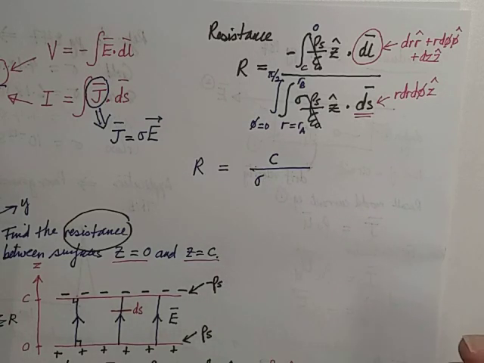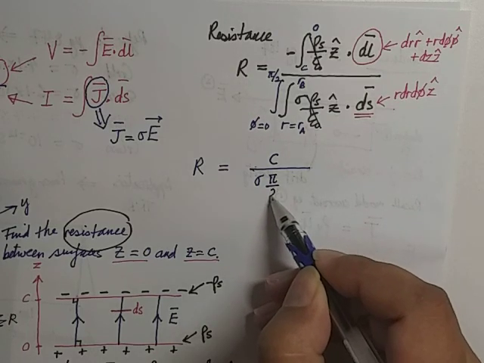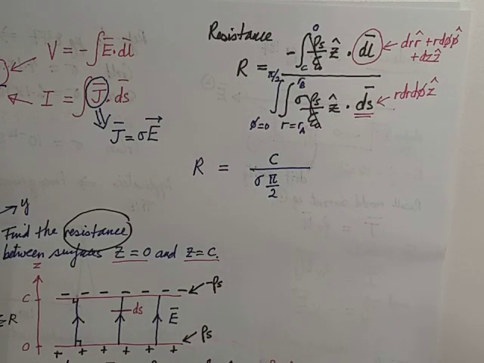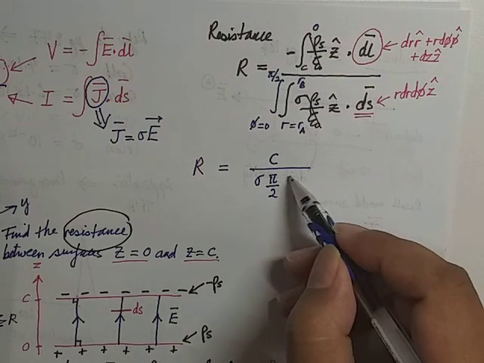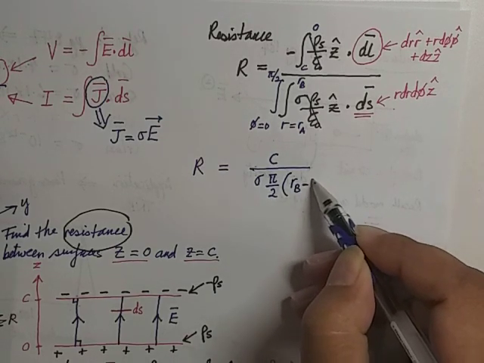Then I'm going to multiply with pi over 2 due to the phi integration component, and then another one should be RB minus RA.